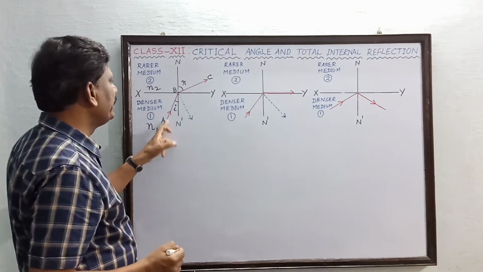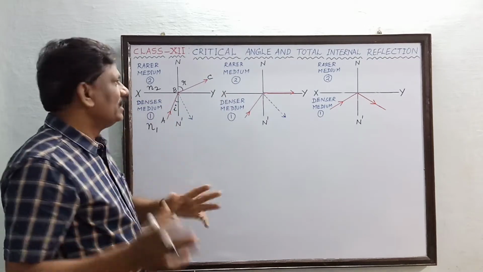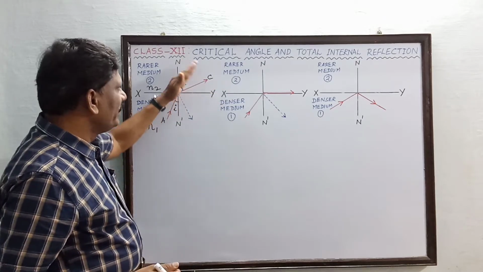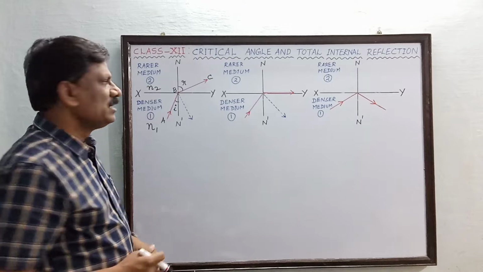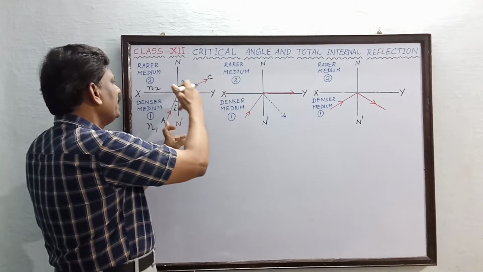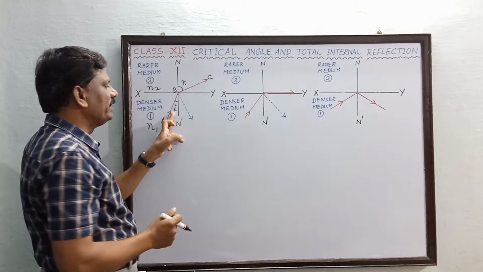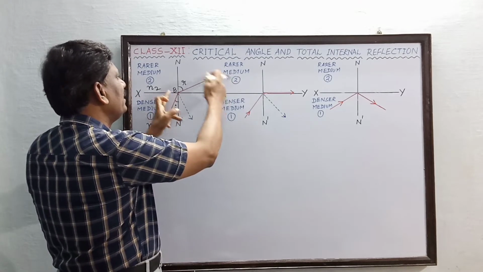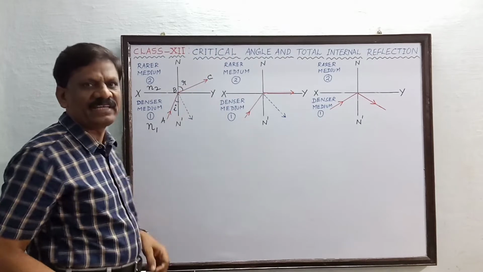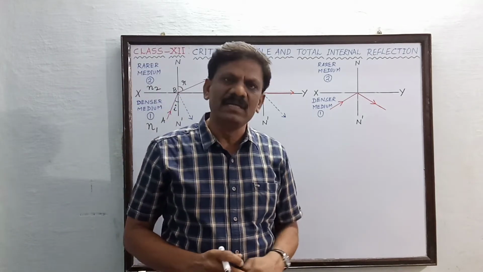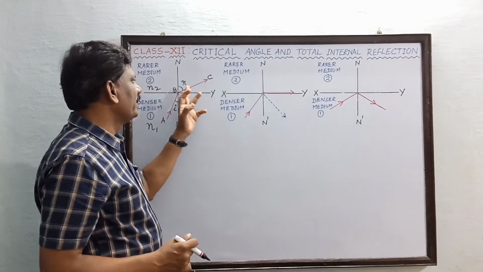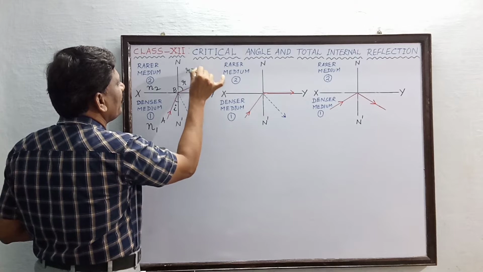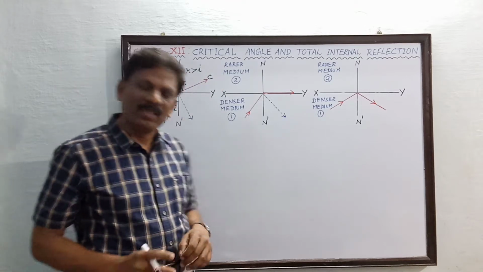Corresponding to the incident ray AB, the refracted ray is BC and it has deviated away from the normal. The angle made by the incident ray AB with the normal is the angle of incidence I, and the angle made by the refracted ray BC with the normal is the angle of refraction R. In this picture you can very clearly see that R is greater than the angle of incidence I.